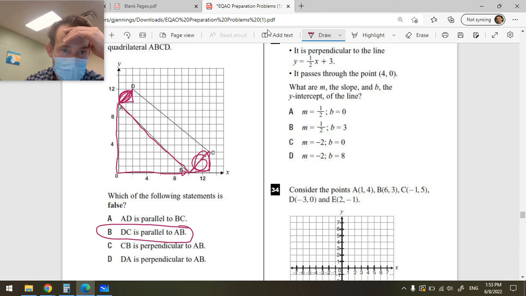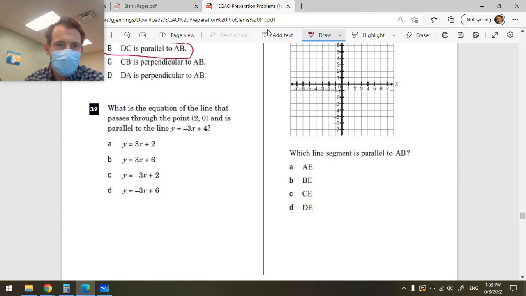This one goes from 12 down to 3, so it rises -9 and runs 10. So that's not -1. It's slightly smaller than -1. So that's why that is false.